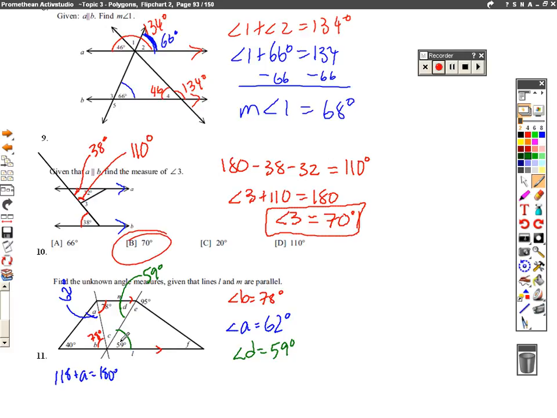They all have to add up to 180. So angle C plus 78 plus 59 equals 180. 78 and 59 is 137. So that means angle C is 180 minus 137, which is 43 degrees.